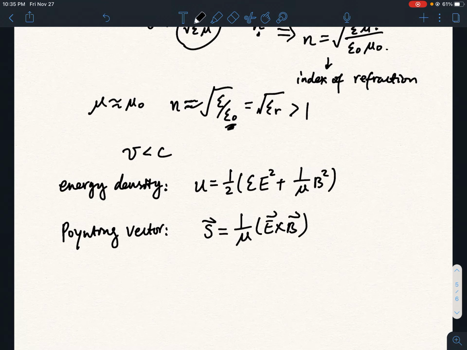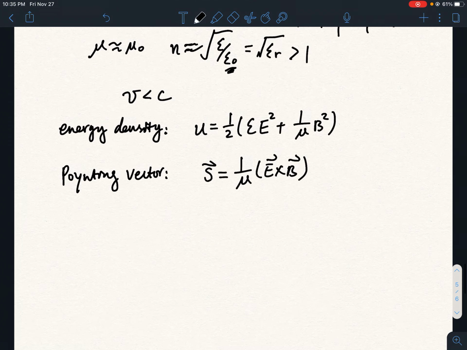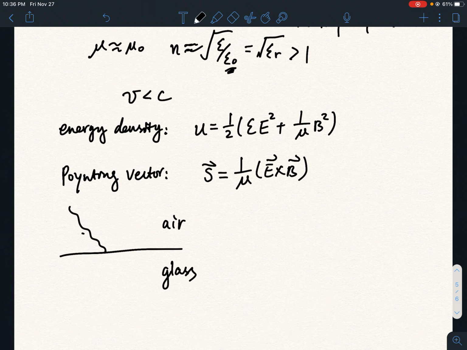Because here we are talking about a wave propagating in material, let us consider if there is a surface. For example, it can be air here and glass here. We have an electromagnetic wave that propagates in the air and then hits this surface.